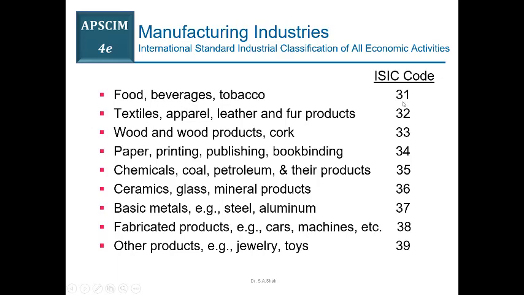So that code basically decides the type of the industry, either it is tertiary or service sector, or secondary type of industry, or primary type of industry. So this is only just go through that list.